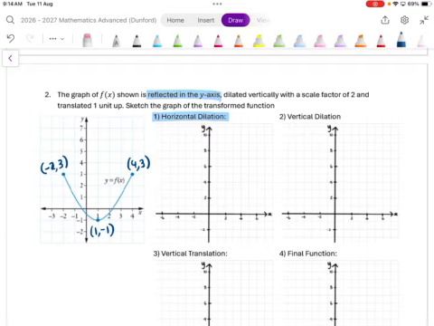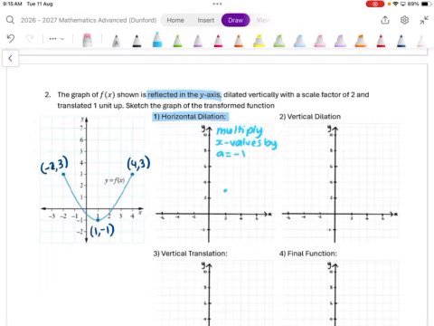So when we are reflecting it in the y-axis, what we want to do is multiply the x values by a equals -1. So what that means is all of our x values are going to flip. So the point (-2, 3) is going to become the point (2, 3).